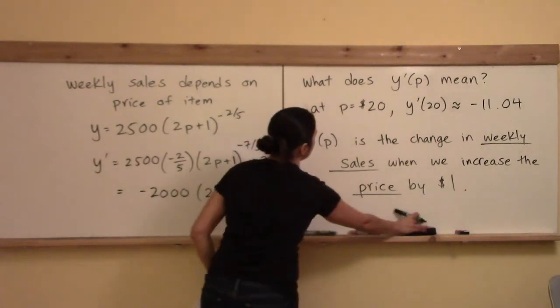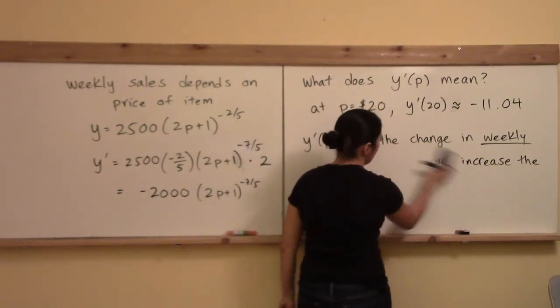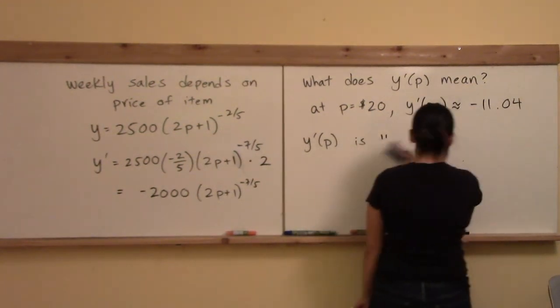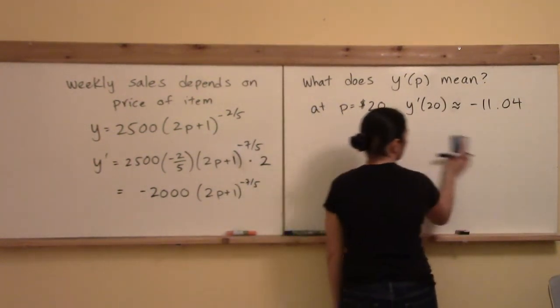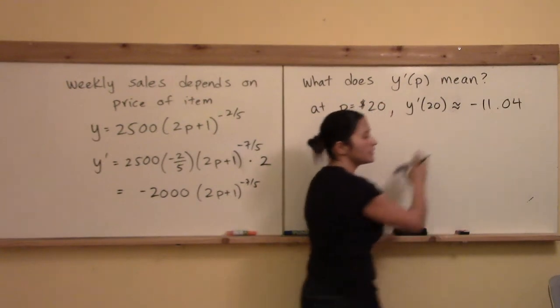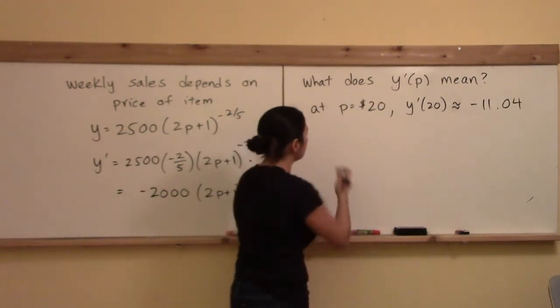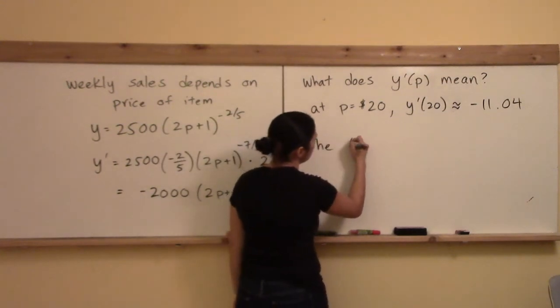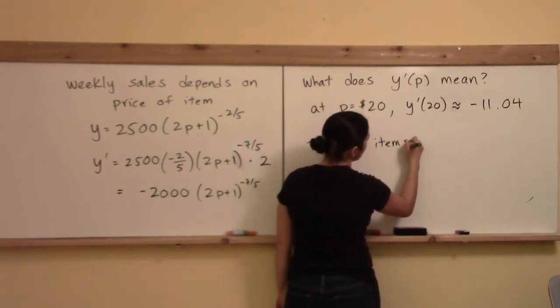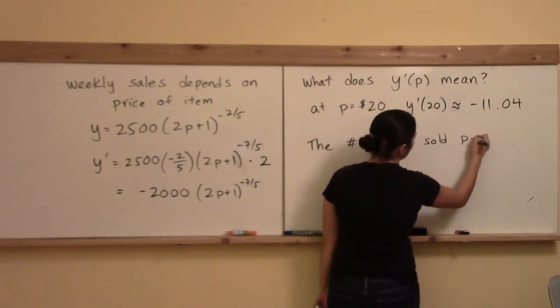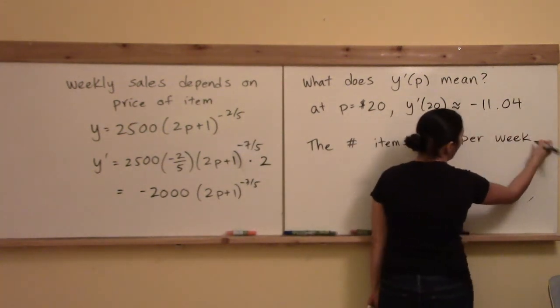Okay, so now I'm going to erase this, and hopefully you've paused it and taken a minute to write down a sentence that's similar to what I'm erasing right here, but incorporates these numbers. That's what I was looking for, okay? So what does it mean? It means the number of items sold per week, which is the y variable.